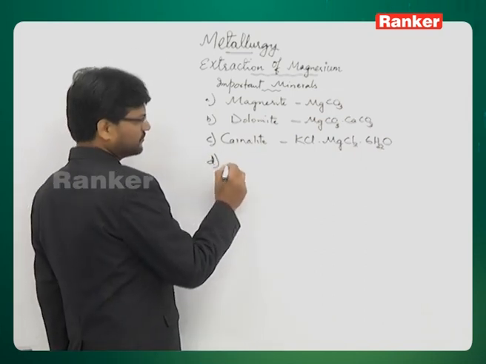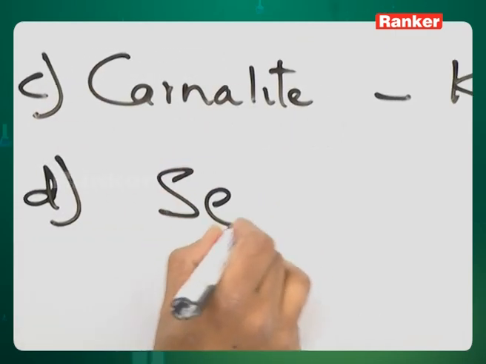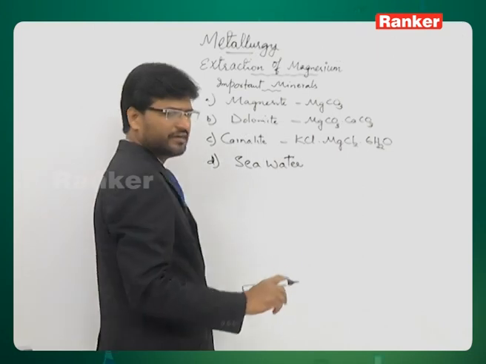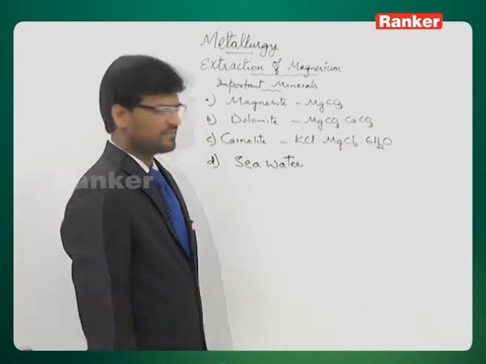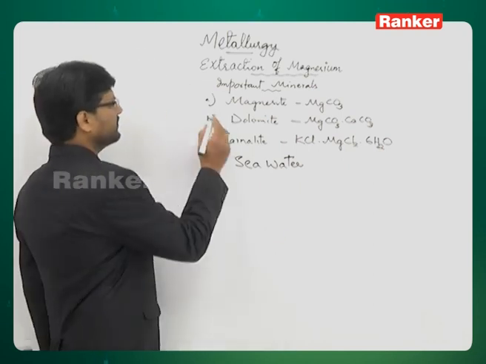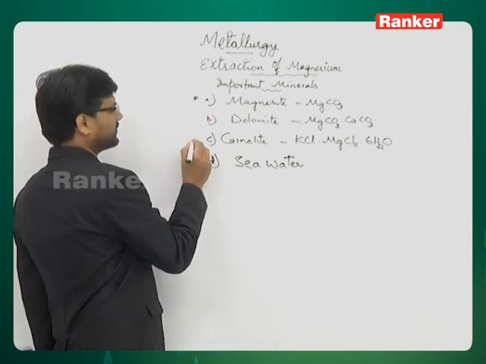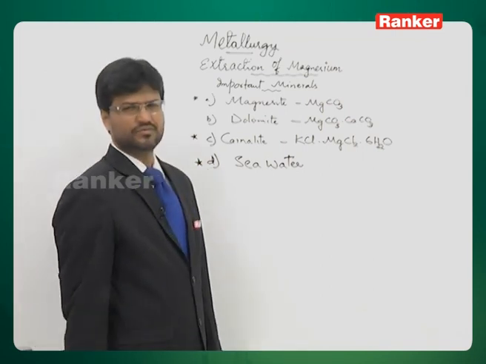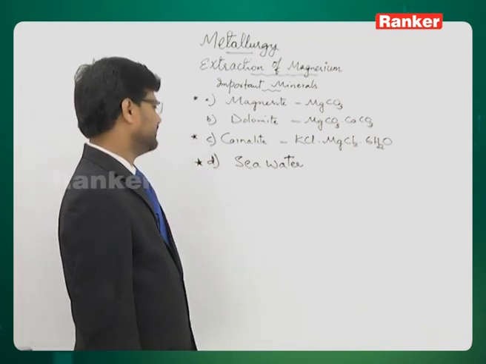Then another important source of magnesium is seawater. Seawater contains soluble salt of magnesium. So, these are the important sources of magnesium, and we will see how magnesium is extracted from these three sources. Number 1, magnesite, number 2, carnallite, and number 3 is seawater.